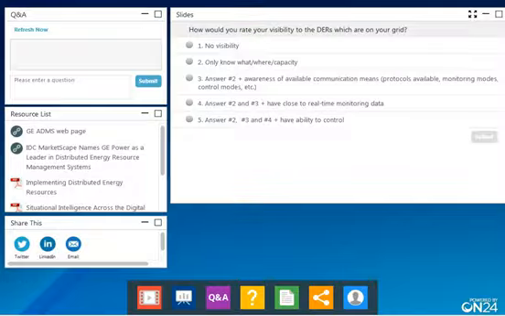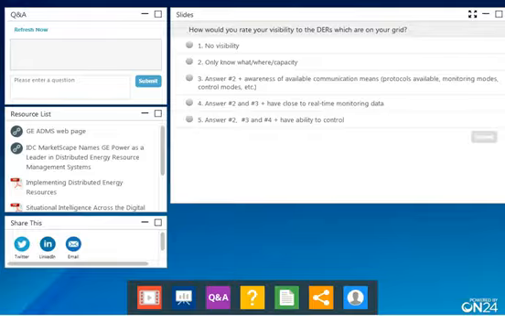Number four would be the same, and you do not just have the visibility on what monitoring and control modes are available, but you started to implement some monitoring, so you do have a decent monitoring of most of these devices. And number five would be you not only have monitoring, but you also have the ability to control a big bunch of these DERs.